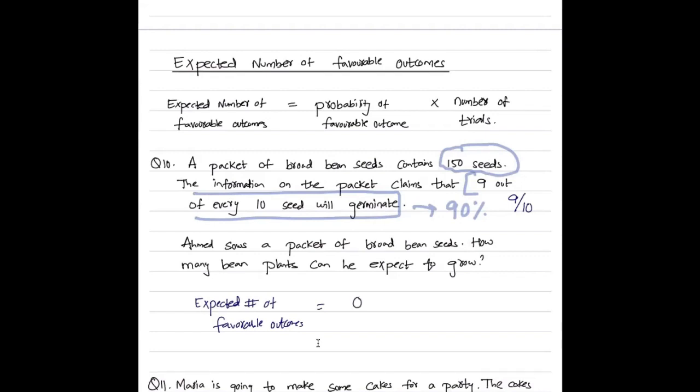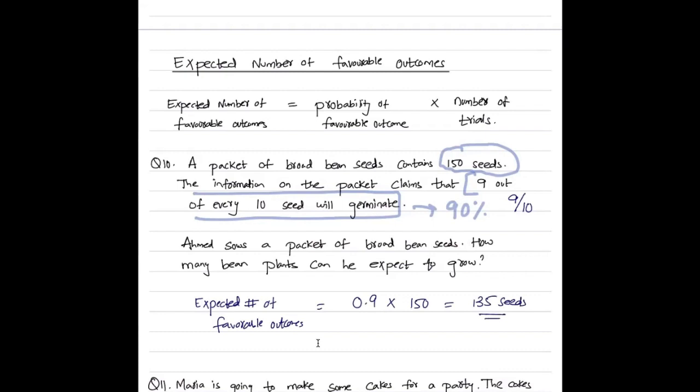That's going to be the probability, that is 0.9, multiplied by the number of trials. The number of trials is the total number of seeds in the packet that you have bought, 150. So out of 150, how many will germinate? 90% of 150 is going to germinate. That is 135 seeds.